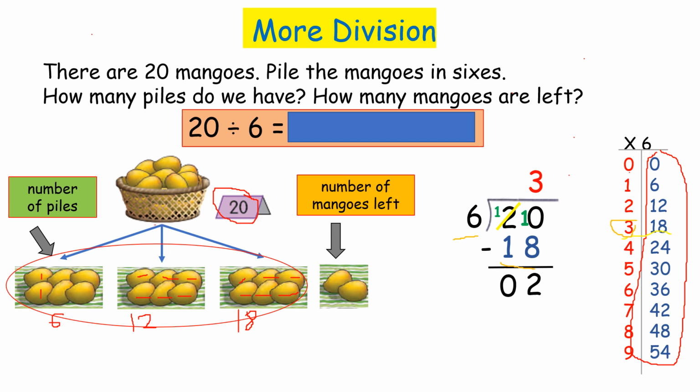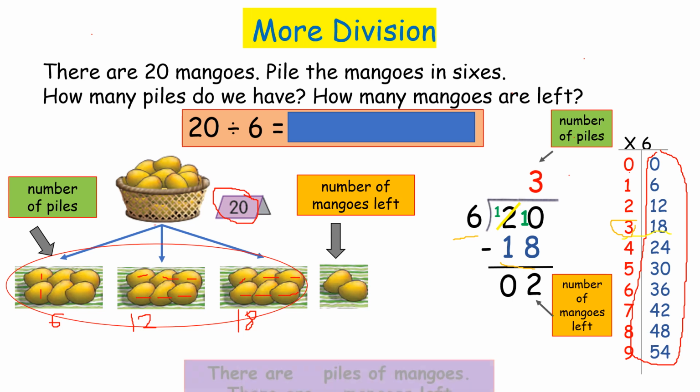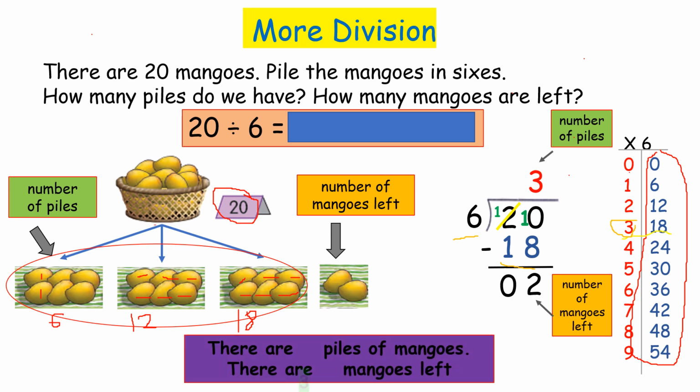And then 1 minus 1 is 0. So it's complete. So 3 is the number of piles or the number of groups, and 2 is the number of mangoes left. So there are 3 piles of mangoes. There are 2 mangoes left. And how to write the answer here? We write like this: 3 remainder 2.